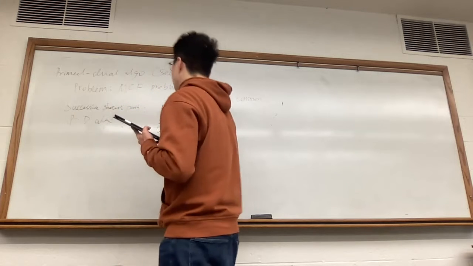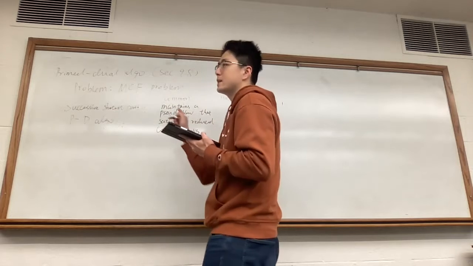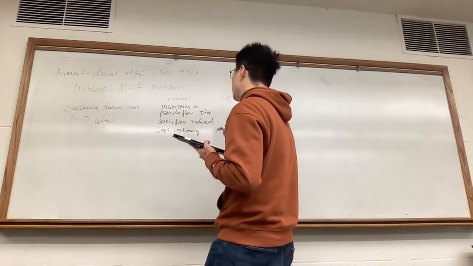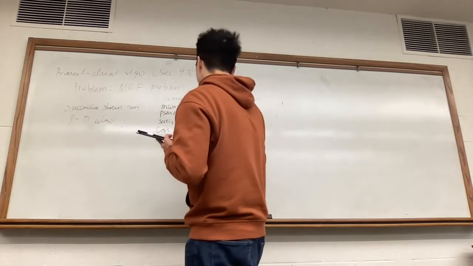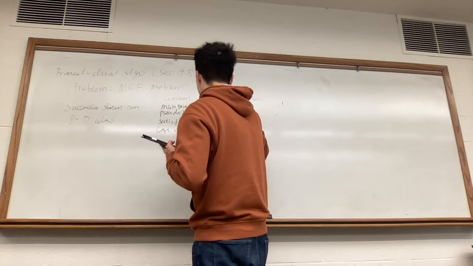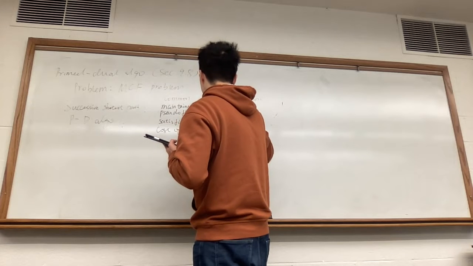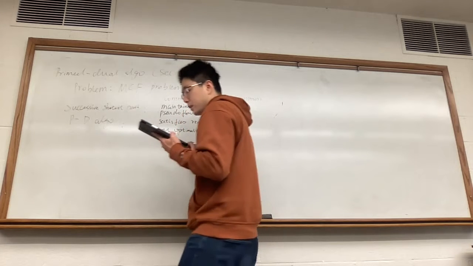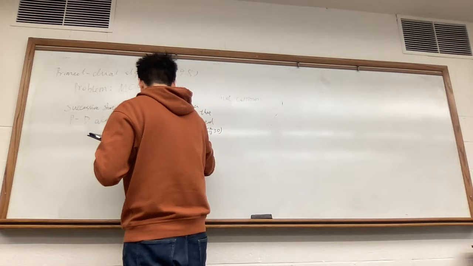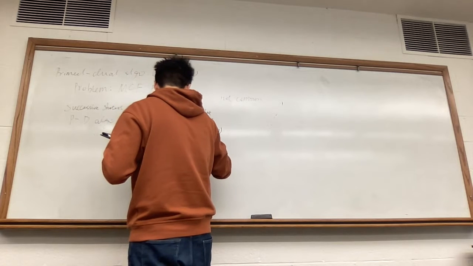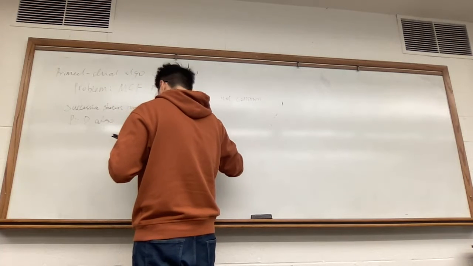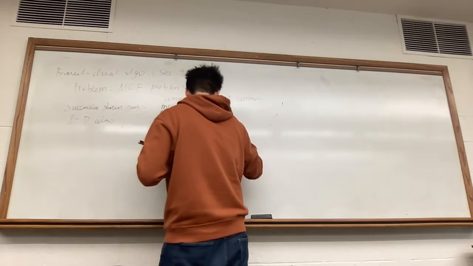Remember that we said last week for the successive shortest path algorithm, it maintains a pseudo flow that satisfies the reduced cost optimality, which means that Cij^pi is always greater than or equal to 0, and it gradually augments flow.